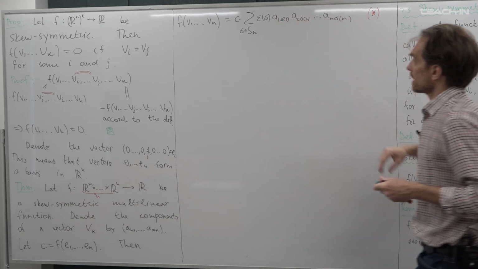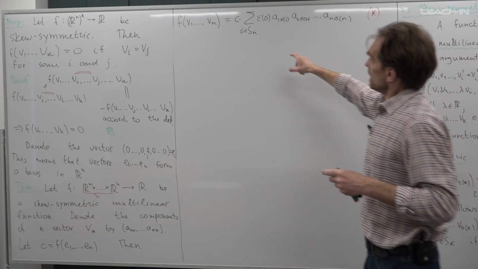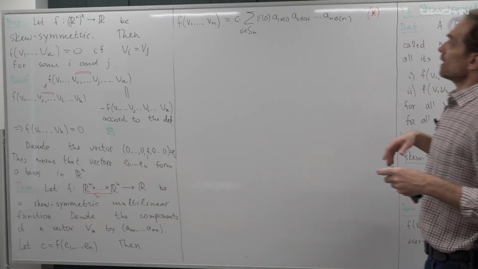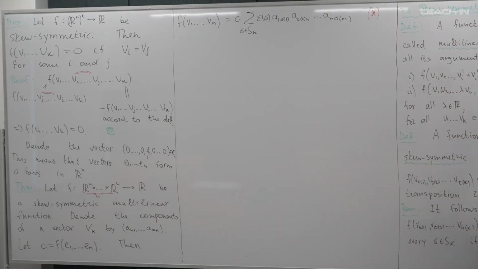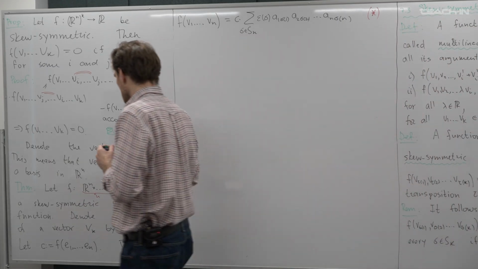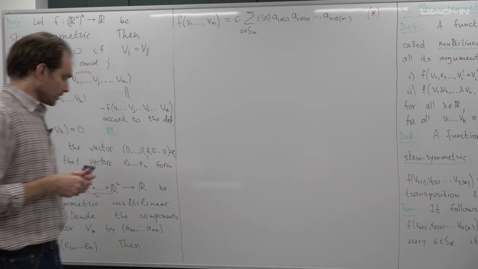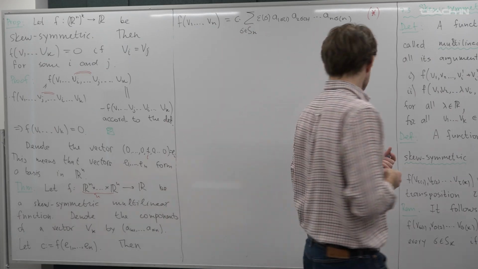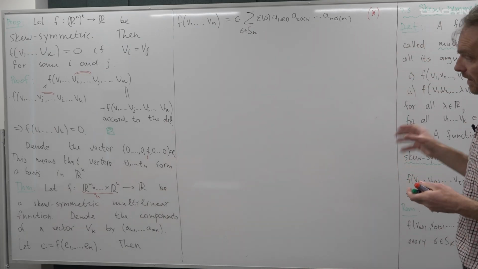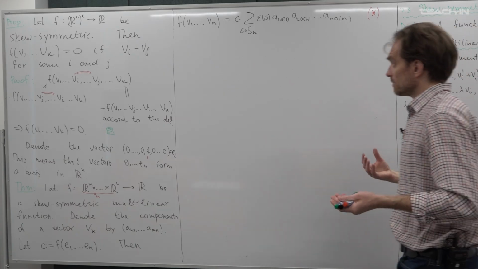So we multiply all these components, we multiply the whole product by the sign of a permutation, and we add the result for all permutations from the symmetric group of n elements, and we multiply everything by the value of our function on the standard basis.